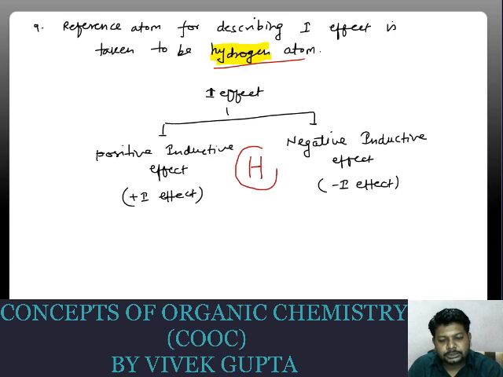Means on the basis of relative tendency as compared to hydrogen, the group may be minus I or the group may be plus I. So we have to discuss the plus I effect and minus I effect in detail. What are their groups? What does it mean by plus I effect and minus I effect? How does the effect propagate through a carbon chain? All these things we will understand in the next video considering plus I or minus I effect.